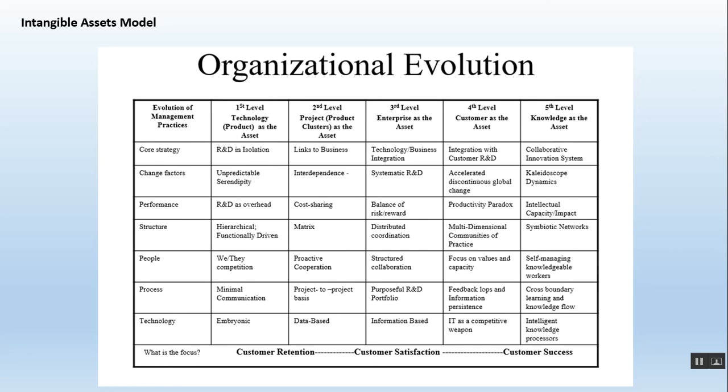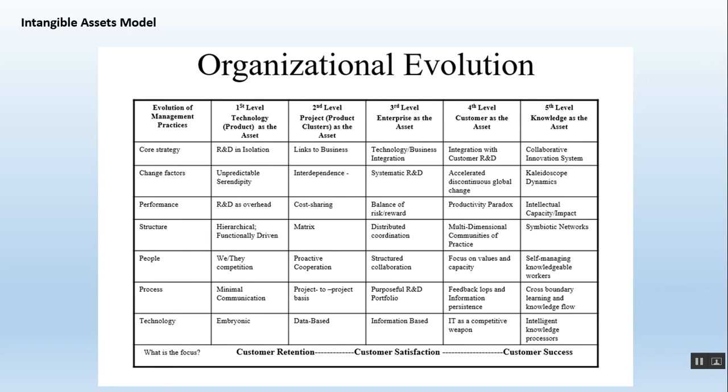The product itself is the asset of the company, as opposed to one level up, which might mean that there are product clusters or projects that could be built around customers. As you progress from mentalities of customer retention to customer satisfaction, and ultimately to wanting to achieve customer success, the project becomes the asset, trying to get different products to work together for a client.